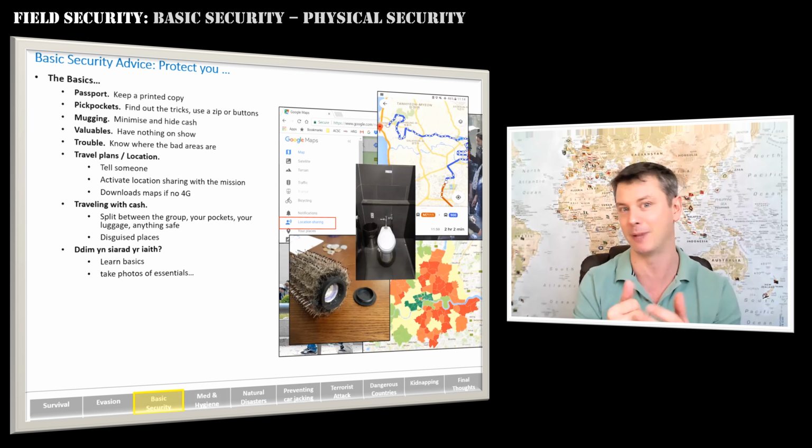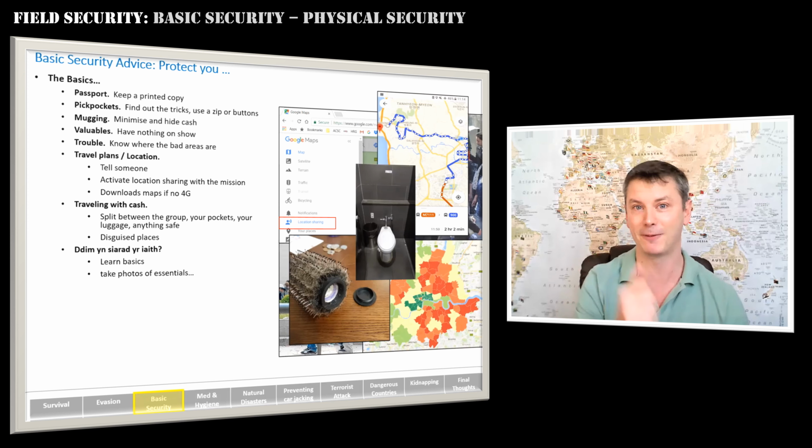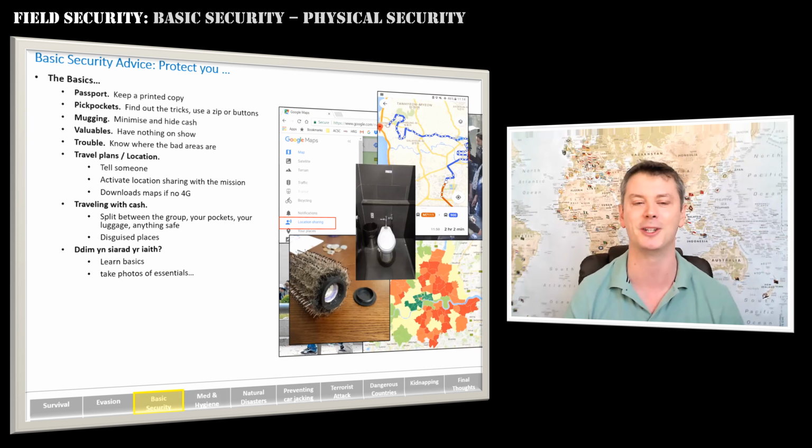So take a photograph of places to eat, perhaps places you need to go to for the bathroom. A picture paints a thousand words. So you can go up to somebody and just go, excuse me, do you know what this is? They'll perhaps look confused, look at the item on your phone, and then go, oh, okay, I know where you are, and then just point you in the right direction as to where you need to go.